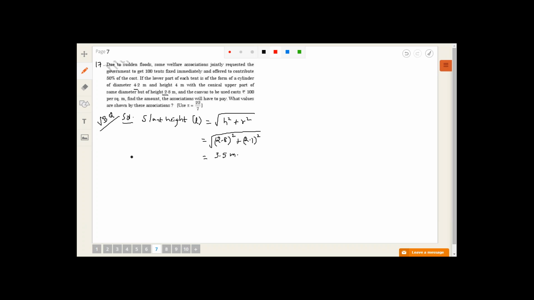So the area of the canvas will be the curved surface area of the cylinder plus the curved surface area of the cone. Curved surface area of the cylinder is 2 pi r h, plus curved surface area of the cone being pi r l.